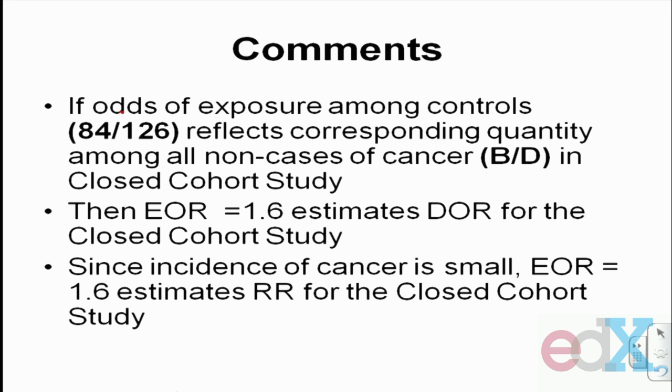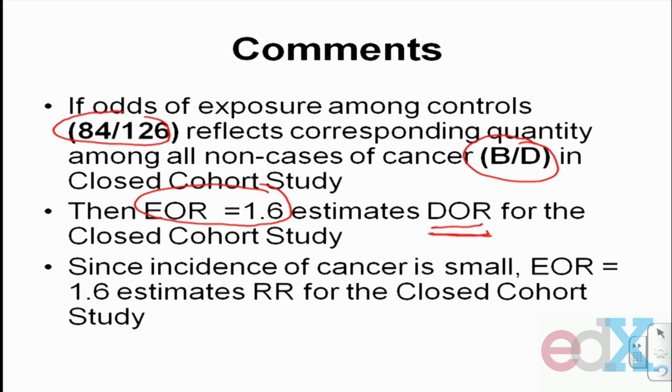Because, going back now, the selected controls with their odds of exposure of 84 over 126 hopefully is reflecting the exposure odds among everybody in the original cohort study who could have been a control, the capital B plus capital D people. Therefore, the exposure odds ratio we observe in the case control study, 1.6, is estimating what the disease odds ratio would have been in that underlying closed cohort study if we analyzed all 4,480 blood specimens.